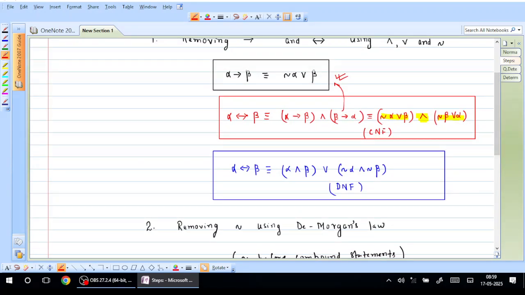For CNF I am going to use this formula: negation of alpha join beta, meet negation of beta join alpha.